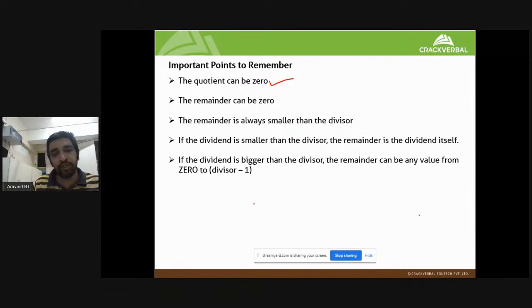And the quotient is 0 when you divide a smaller number by a larger number. Like if you have 7 and you want to divide 7 by, let us say, 9, you can still say 9 zeros are 0 and the remainder is 7 itself, right? So understand that the quotient itself can be 0, and don't assume that the quotient needs to be a positive integer. That's one of the most common errors that a lot of test takers make.